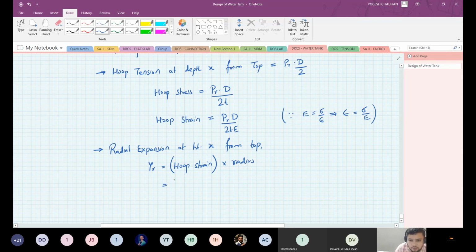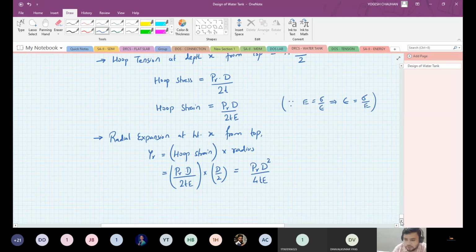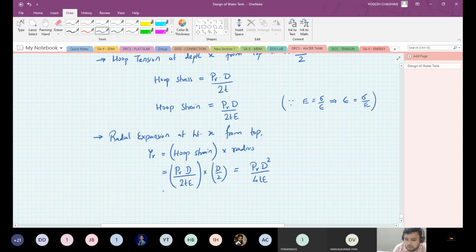The hoop strain is Pr d by 2tE, and the radius is d by 2. So it can be written as Pr d square upon 4tE.